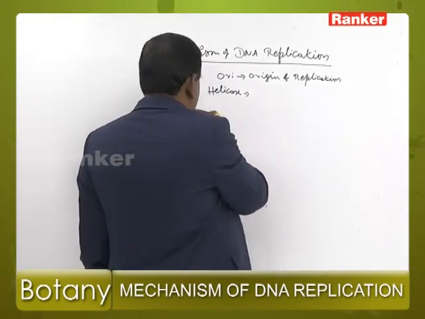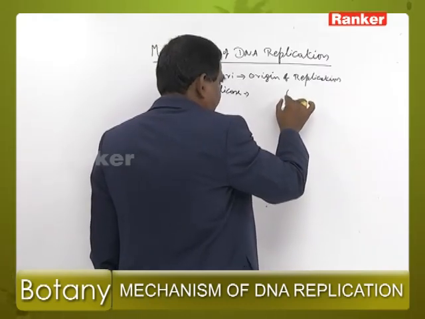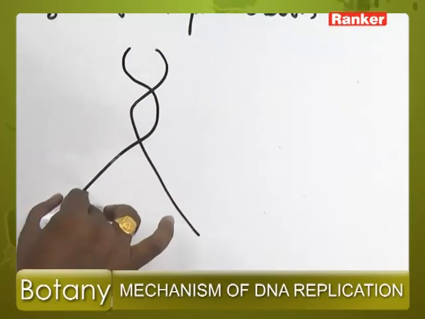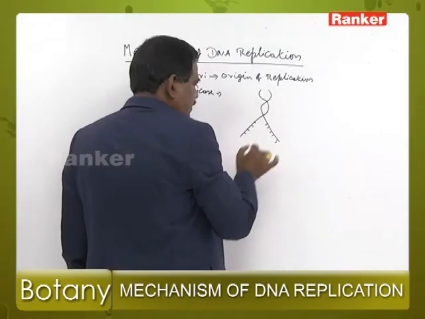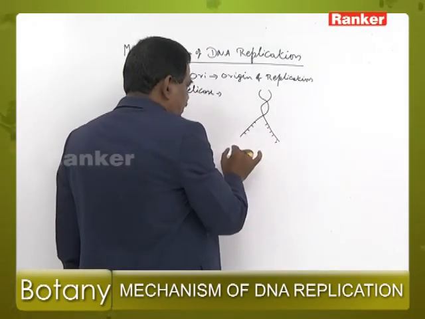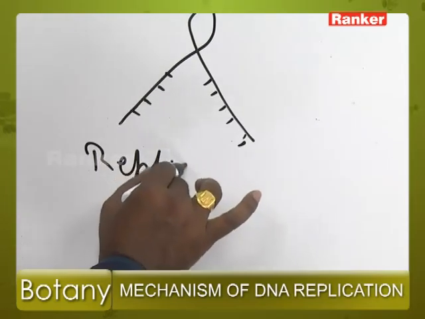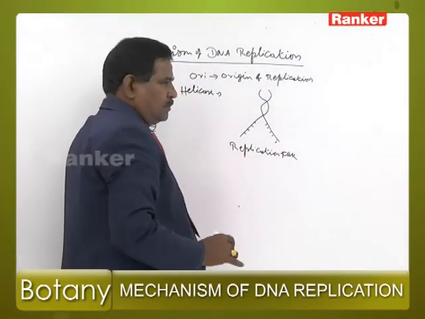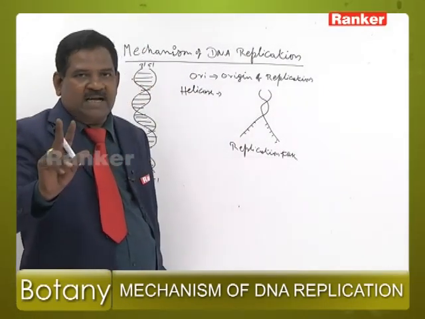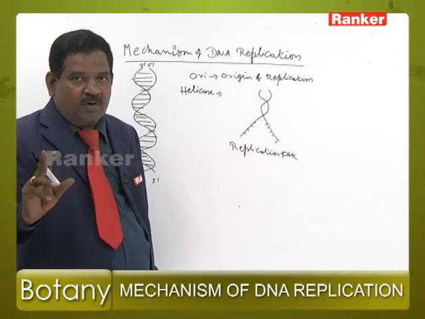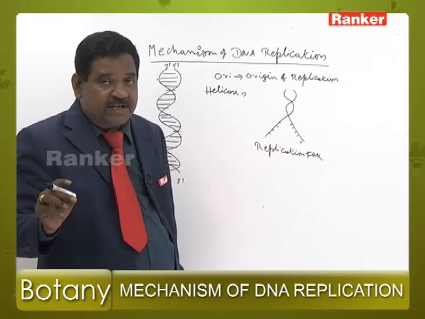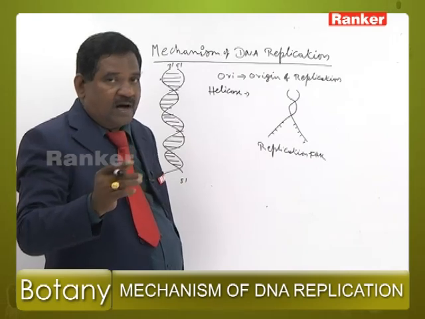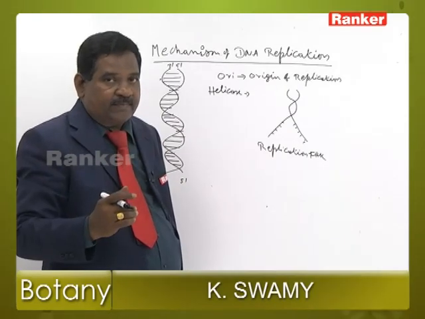So in one region the two strands are separate. The separated strands look like a fork, so that is called the replication fork. Where the two strands unwind looks like a fork, and in that region replication is initiated. So the replication fork forms two sides in that DNA.